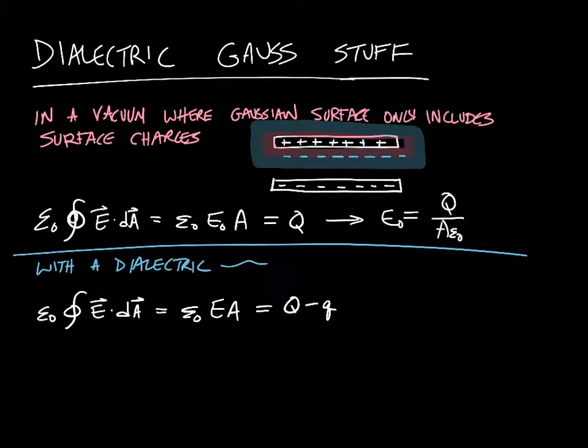So up here, I have Q, and I have little q there. So I have a difference of charge when the Gaussian surface includes the dielectric material, which it needs to. We're going to deal with the dielectric in Gaussian terms.